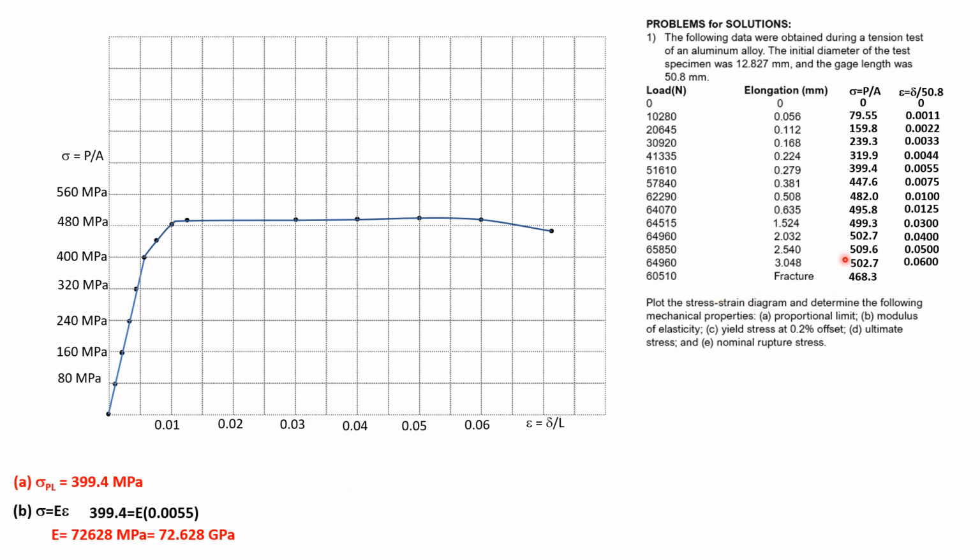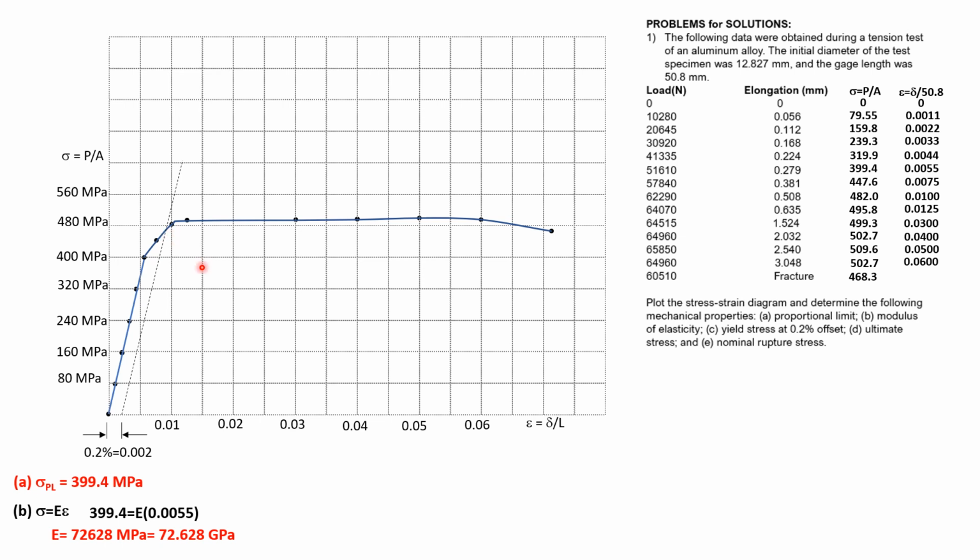Then for letter C, the yield stress at 0.2%, so 0.2% is 0.002. Then from there we draw a line parallel to this straight line or tangent. Then it intersects this stress strain curve, and that is the approximate yield stress.